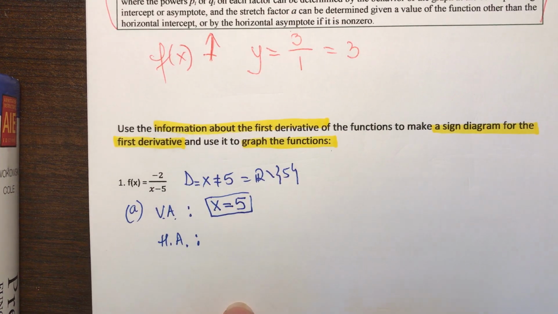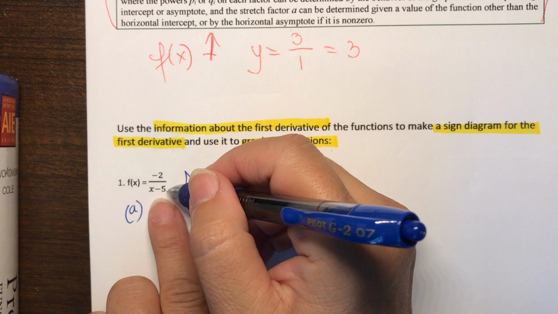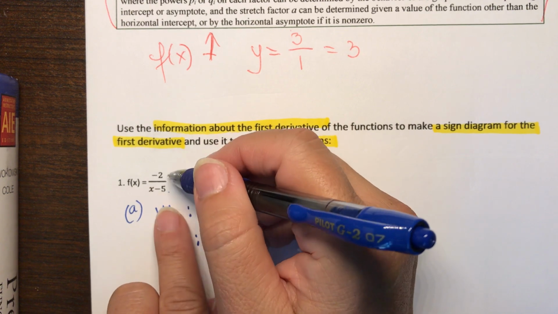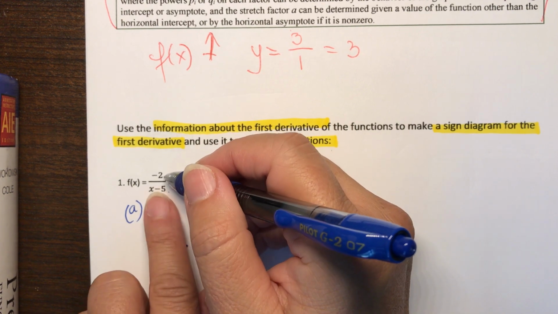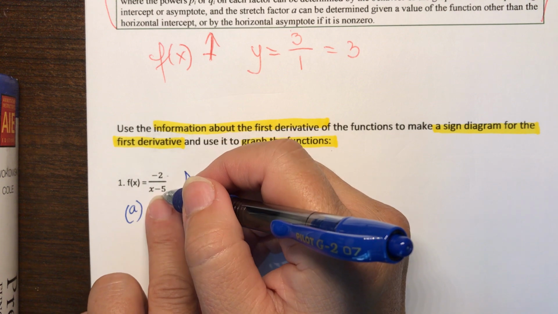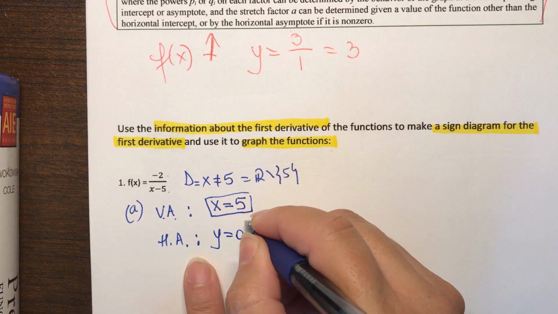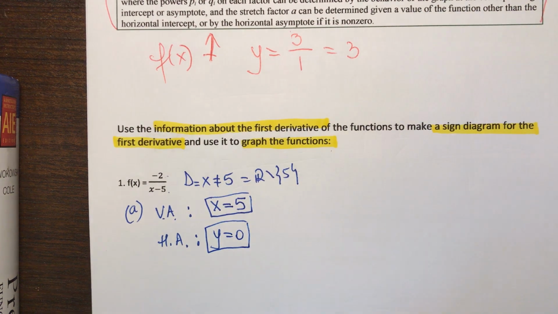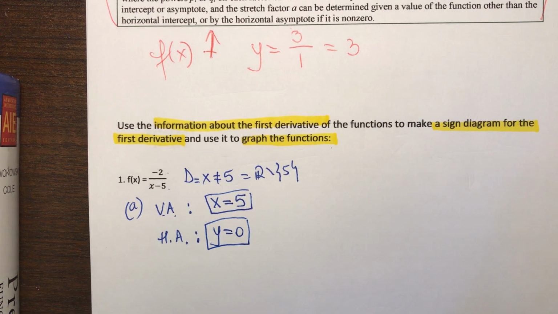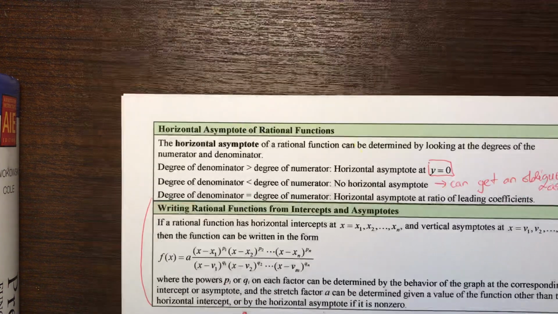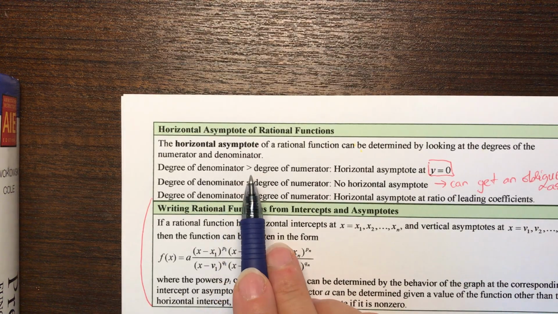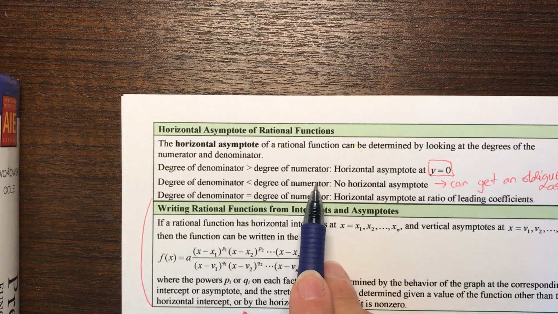Horizontal asymptote, it said, look at the degrees of denominator versus numerator. I guess you start with the top. So if the top's degree is less than the bottom, then automatically y equals 0 is a horizontal asymptote. Degree of denominator more than the degree of the numerator.